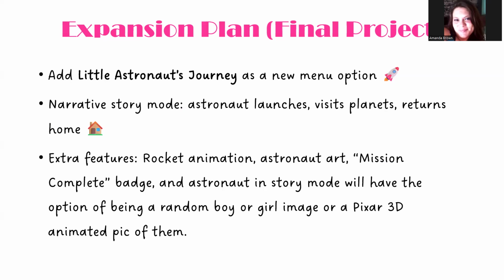Week 4, or sooner: polish visuals and animations, and prepare the zipped Unity project and documentation for submission. Then the final project expansion: add Little Astronaut's Journey mode with astronaut character, rocket launch animation, story narration, and mission complete rewards.